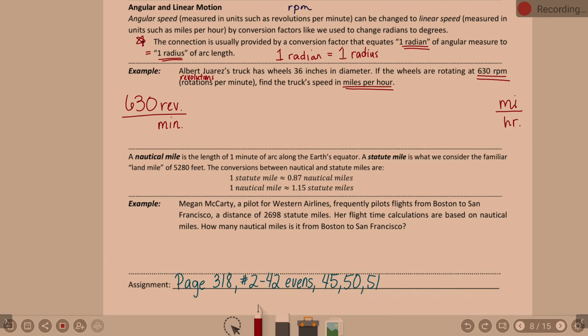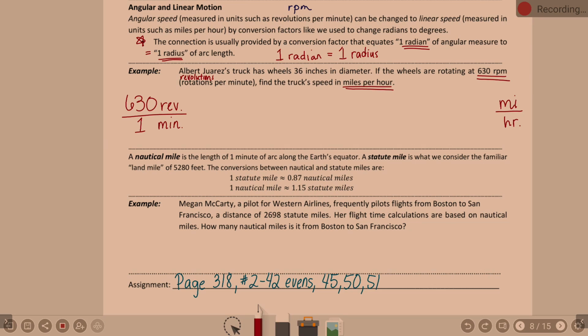Ultimately, revolutions is on top. It needs to turn into miles. We're going to use our conversion factors here. Minutes is on bottom. It needs to turn into hours. So, 630 revolutions per 1 minute.